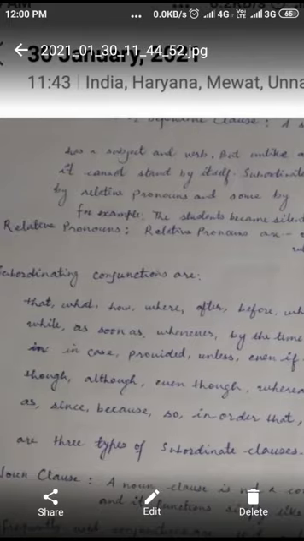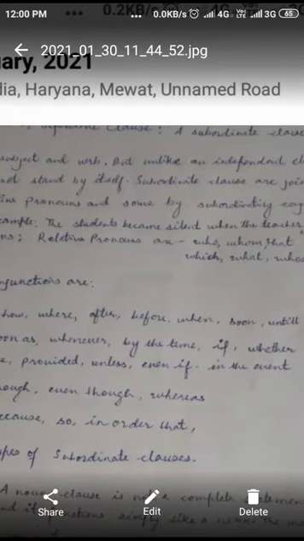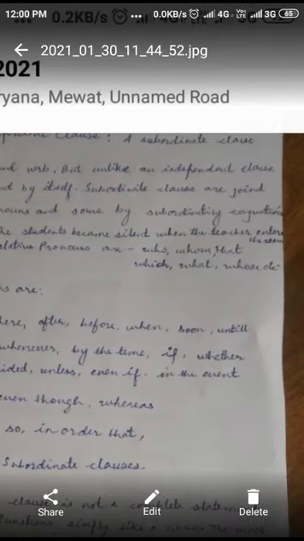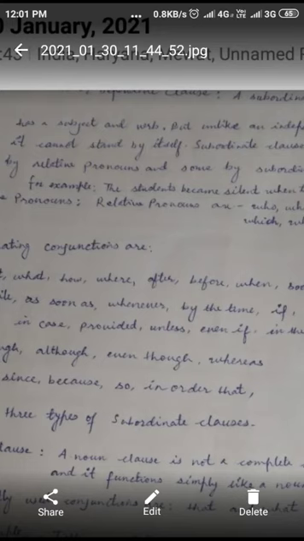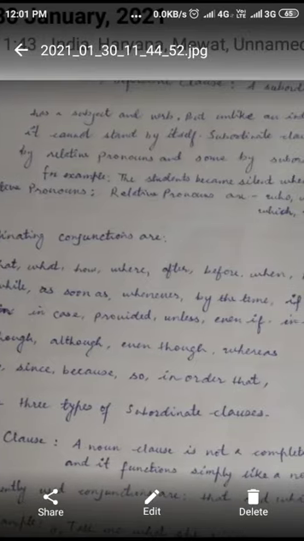Subordinate clauses are joined by relative pronouns and some by subordinate conjunctions. If they are joined by relative pronouns, it will be a relative clause or adjective clause. If they are joined by subordinate conjunctions, it will be a noun clause or an adverb clause. Noun clause के लिए हमने बताया कि there are two conjunctions, that and what, that will make a noun clause.